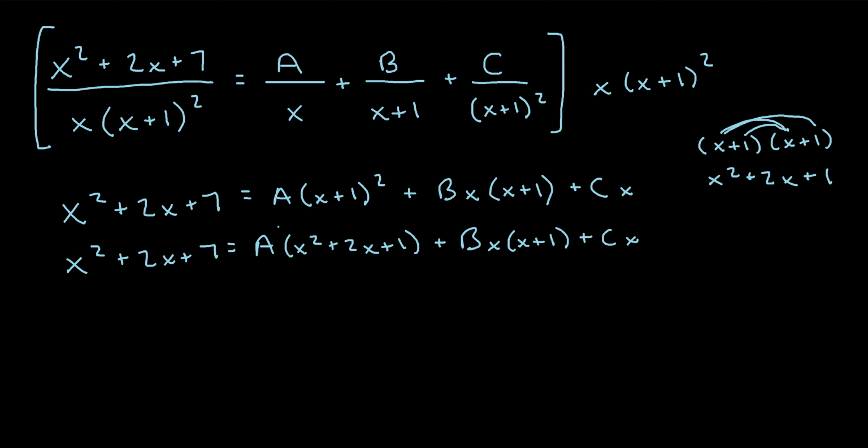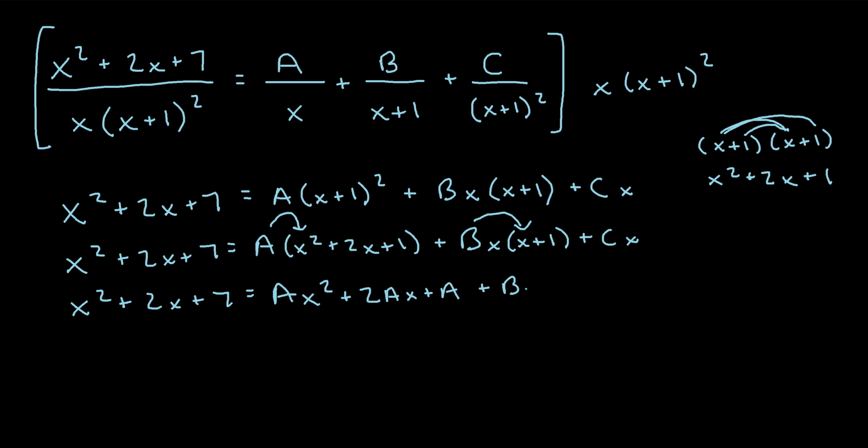So next, let's distribute this a into these parentheses, and let's distribute this bx into these parentheses and see what we get. So x squared plus 2x plus 7 is equal to, we get ax squared plus 2a times x plus a. And then over here we have plus bx squared plus bx plus c of x.